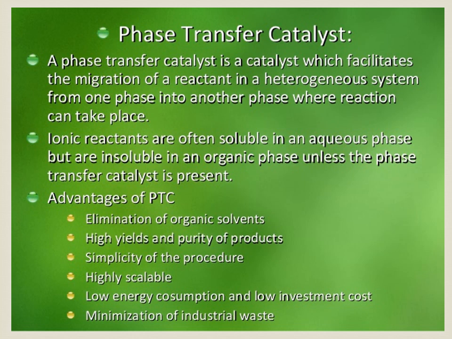So we have to find a third solvent in which these two reactants will dissolve and the reaction can take place. This may be feasible for laboratory purposes, but for industrial purposes it is not feasible to use a third solvent as it is not economical.